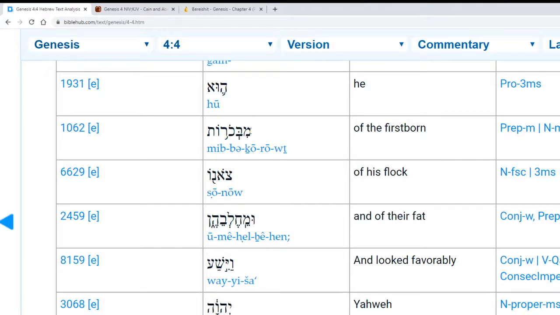Mi bechorot, right? So prepositional mem, bechor, bet chaf resh, means firstborn, right? And that shows up a lot.